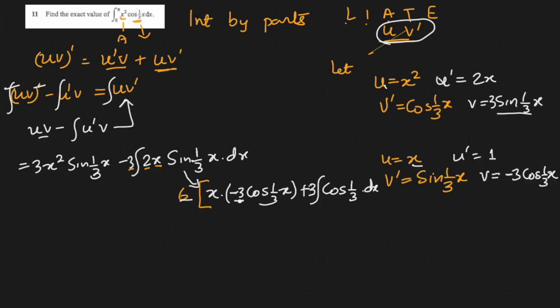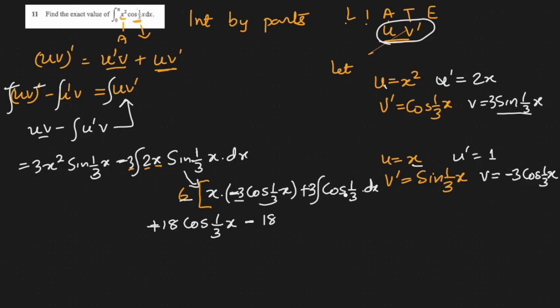6 times minus 3 is minus 18 cos 1 over 3x. And now 6 times 3 is 18 again, but this time plus. And we had minus here. And we had a minus here. So this will become positive. We have to be very careful here. And this will become negative. Why? Because of this minus here.